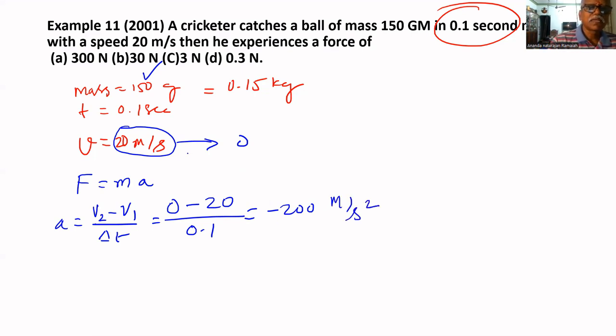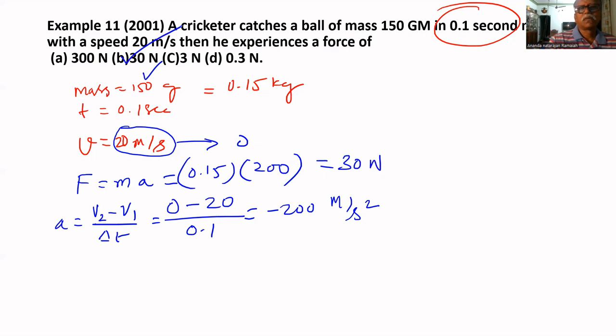It is retardation, that's why we get minus. If you substitute here, the force equal to 0.15 multiplied by 200, that is equal to 30 Newton. Therefore, B is the answer.